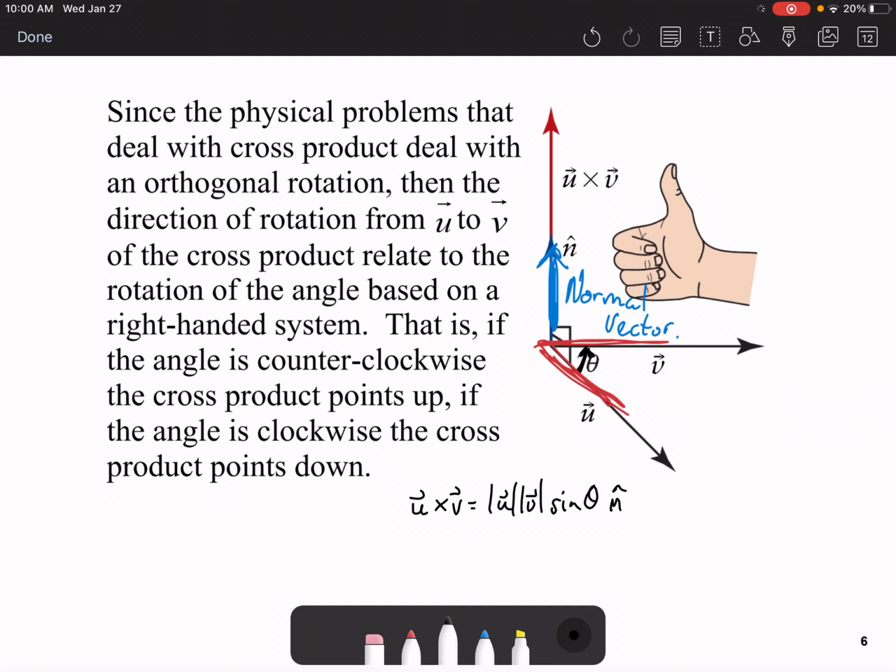And this normal vector just turns out to be a unit vector in the direction of u cross v. Okay.